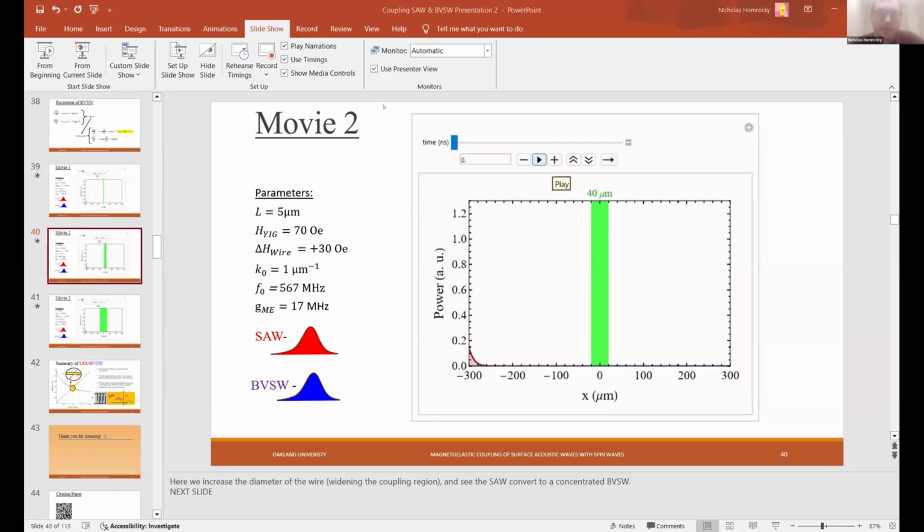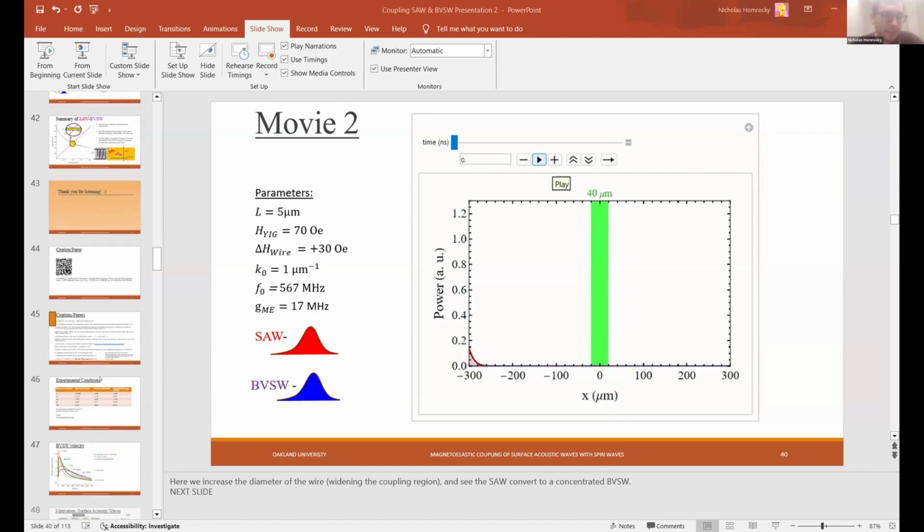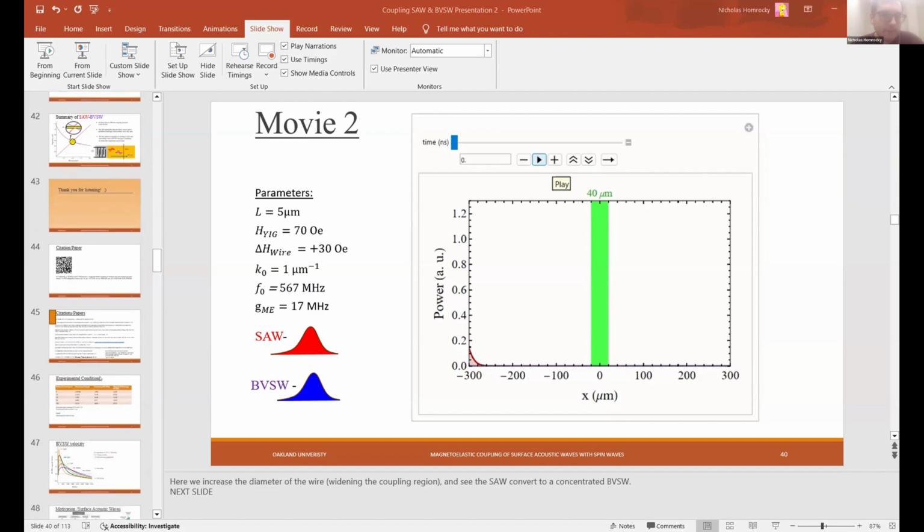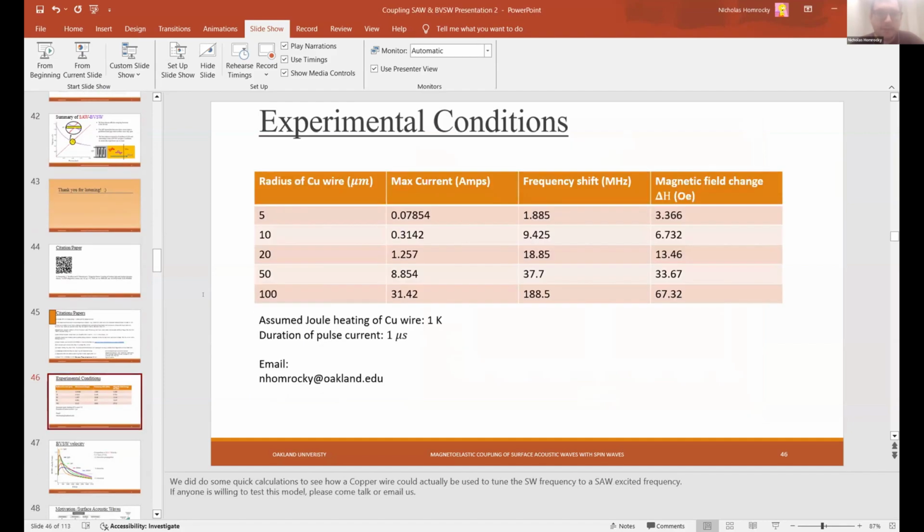No one's gotten around to it, but if anyone does want to try some tests, we ran just a couple numbers, radius of the wire, and you can see how much it'll shift the magnetic field and the current you need, if anyone does want to try it.